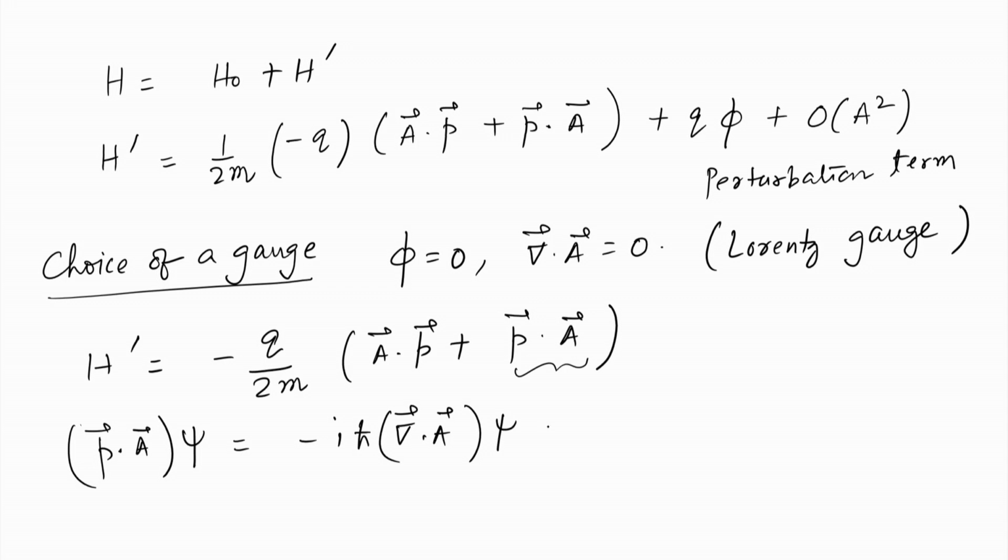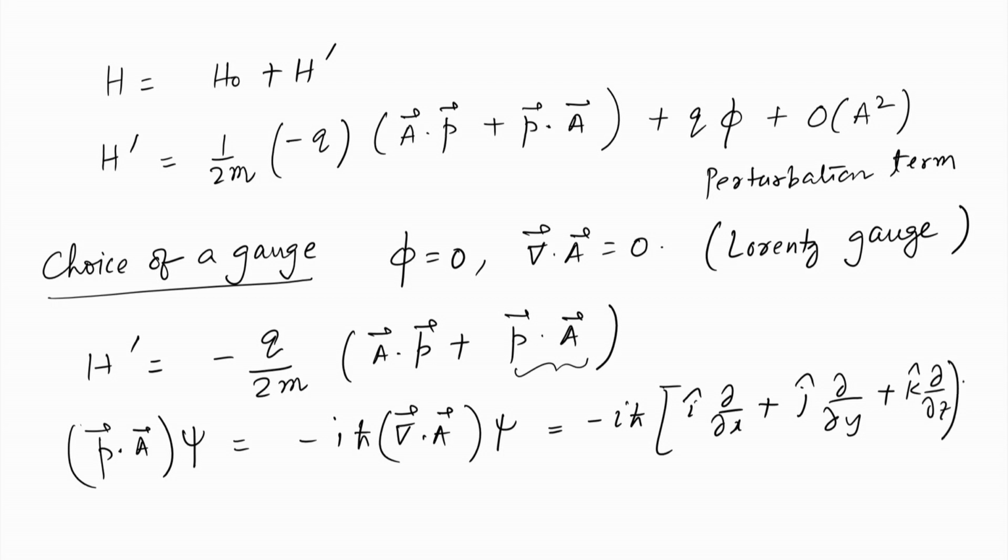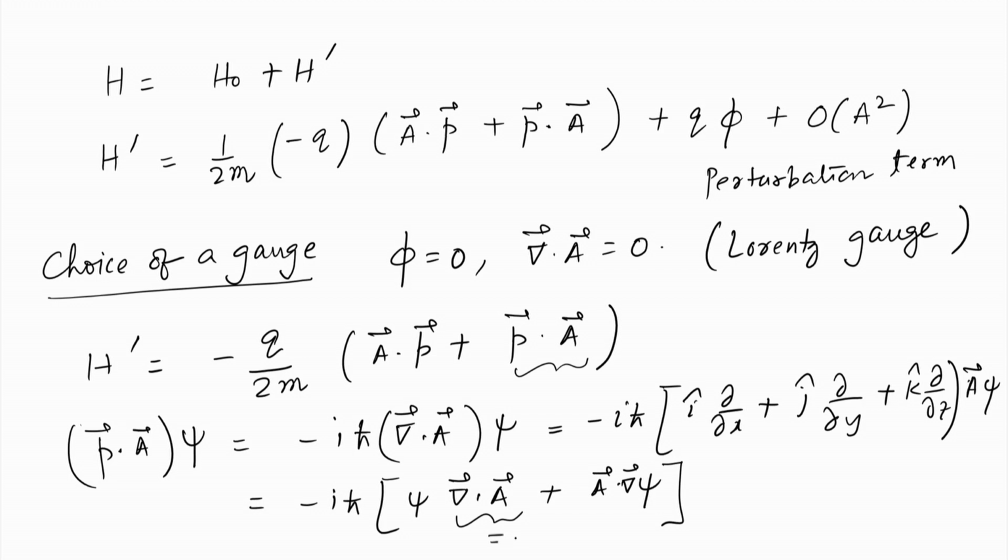So, this is equal to minus i h cross (i cap del/del x plus j cap del/del y plus k cap del/del z), and this is going to act on this A psi. So, that tells you that this is minus i h cross, and we have psi del dot A plus A dot del psi, and by the choice of the gauge this is equal to 0.